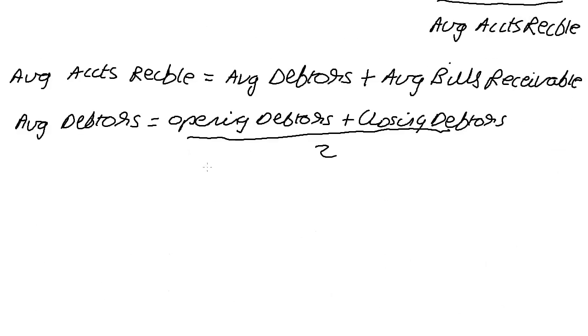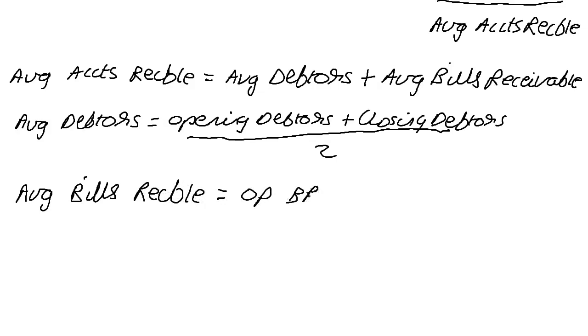So we have got average debtors. Same way we can have average bills receivable, which is equal to opening bills receivable, I'm using short forms, plus closing bills receivable upon 2.